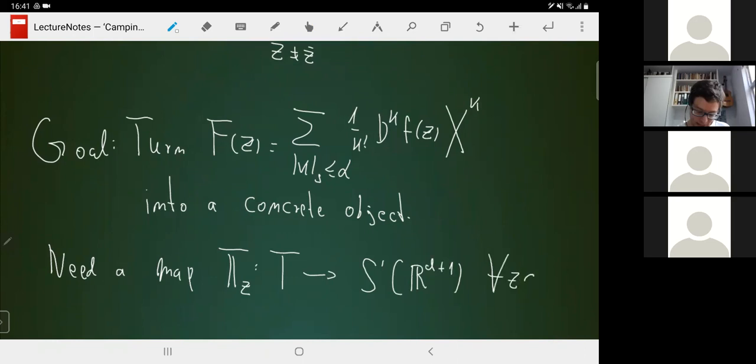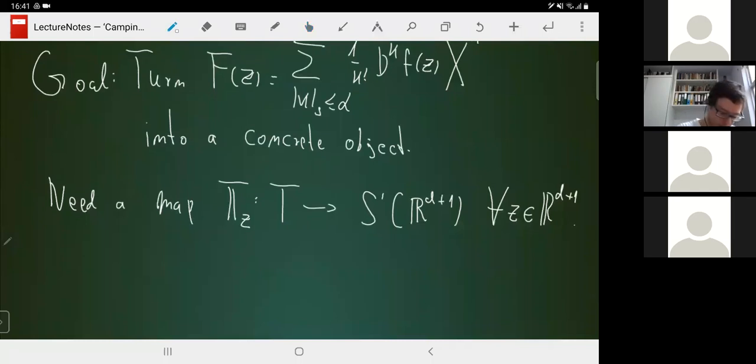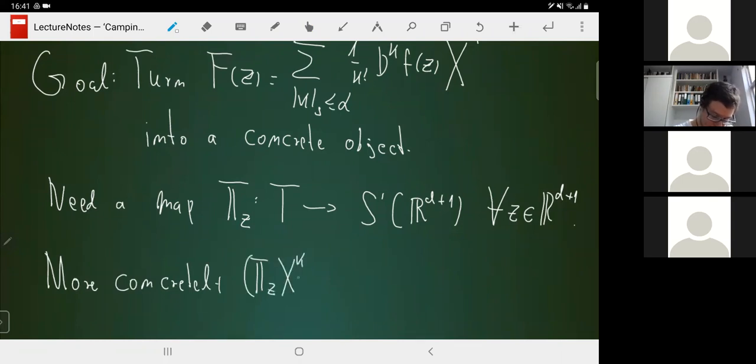In this case, it's relatively clear what this should be. So the map we will consider is the following. More concretely, pi z of x to the k will now be a polynomial function, which will be z bar minus z to the k.